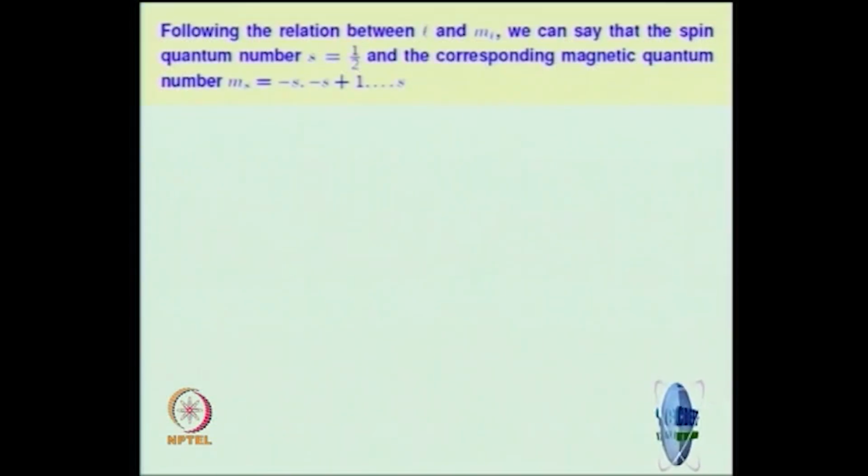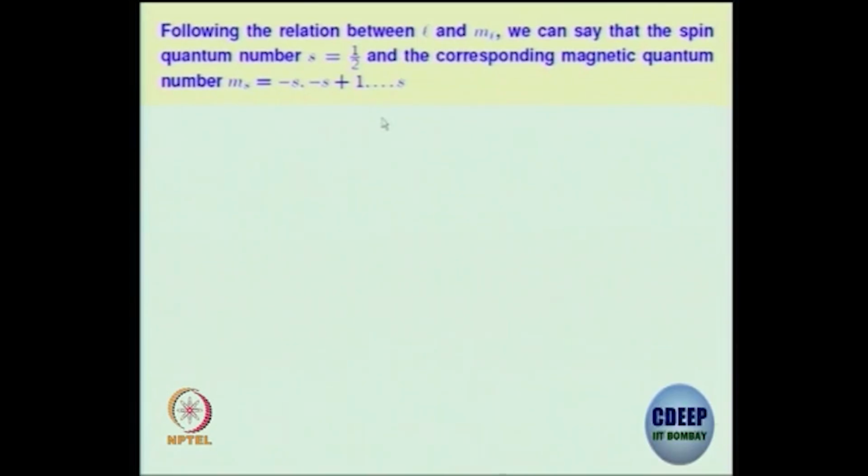Just like your orbital angular momentum L, azimuthal quantum number l and m_l, you have S, which is always half for electrons, and you will have an m_s which goes from minus s to plus s. If it is half, then it goes from minus half to plus half.